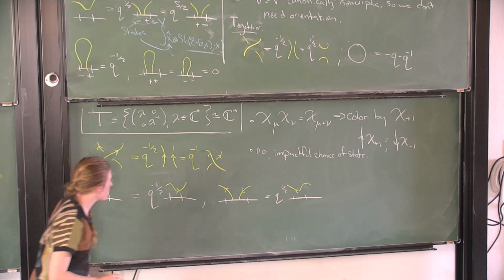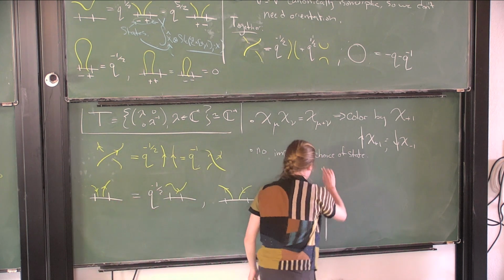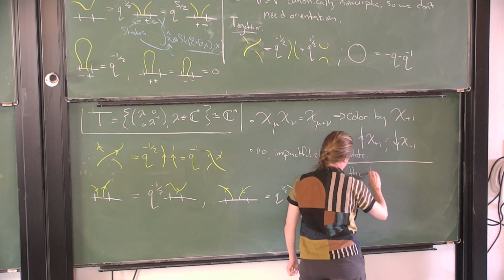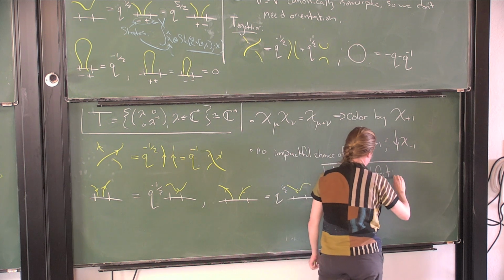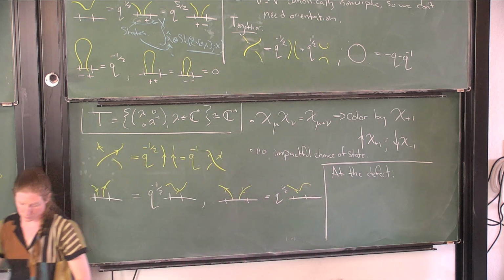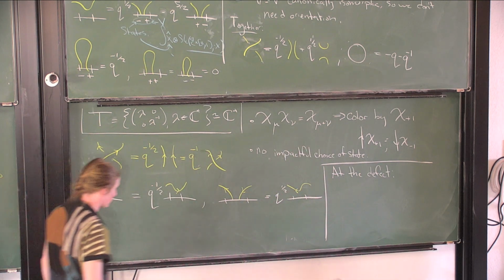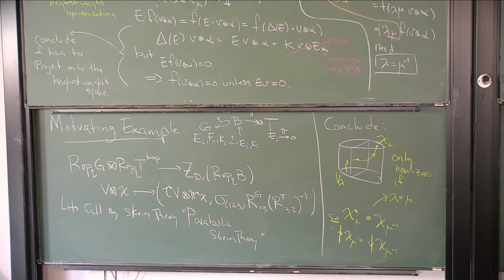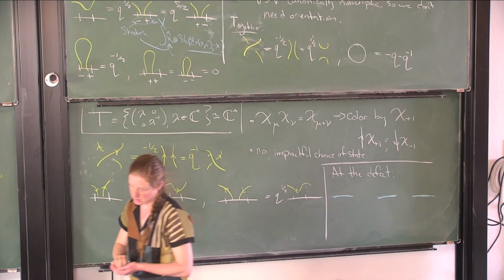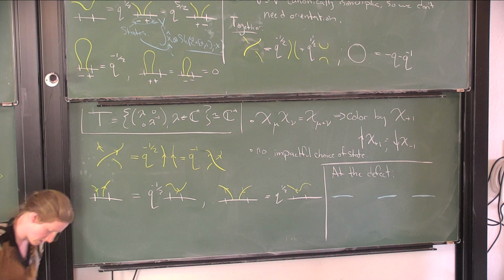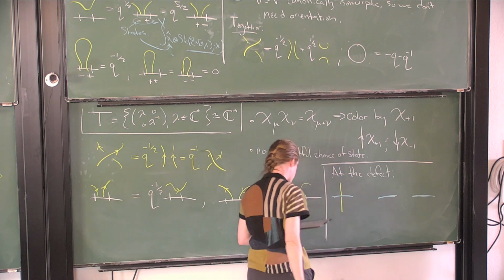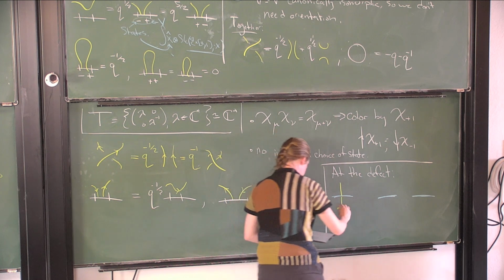The final thing that I need is what happens at the defect. I'll have three relations. Like that. And what will they be? So if I'm up here in the G region, and then I cross down here, all I need to pick is the orientation.